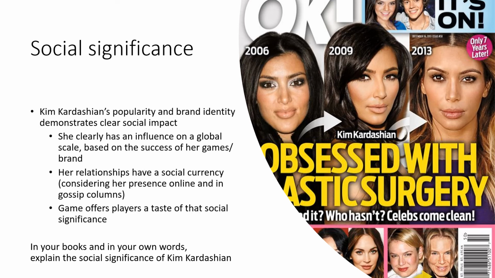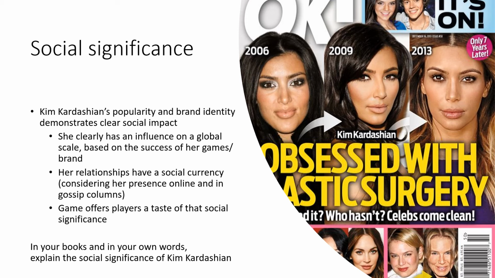She has a clear influence on a global scale in terms of what people look like and how people act. As mentioned, she is a role model, and that gives her a tremendous amount of social impact. People are interested in what Kim Kardashian does, what she looks like, and why.